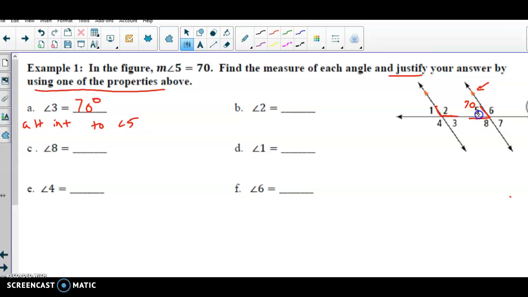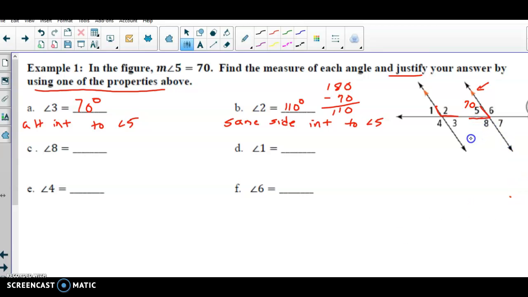Well, it's not going to be the same as angle 5, but it's going to be supplementary to angle 5 because it's a same side interior. So they're going to be supplementary. So you can just do 180 minus 70. So it's 110 degrees.